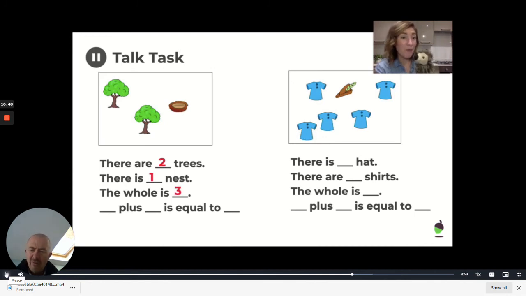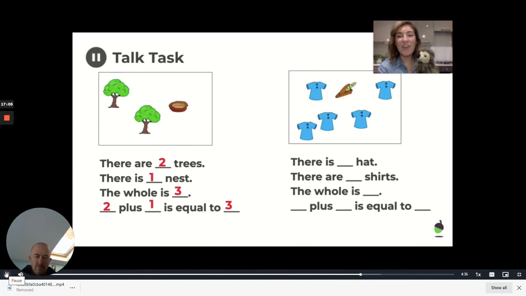Were you able to show that with your cubes and your part-whole model? Well done. So if we were going to say that in a number sentence, we could say that 2 plus 1 is equal to 3. Fantastic effort, everyone.